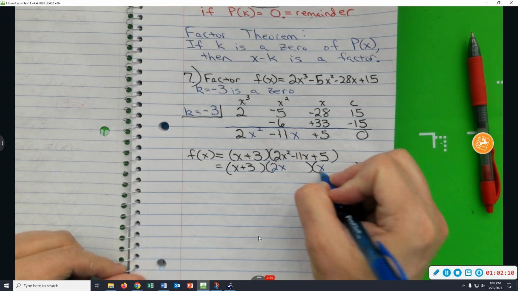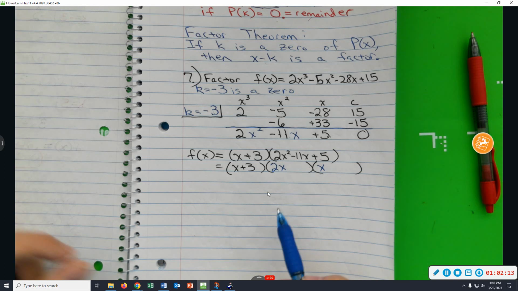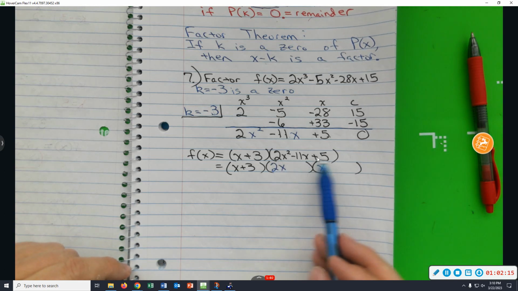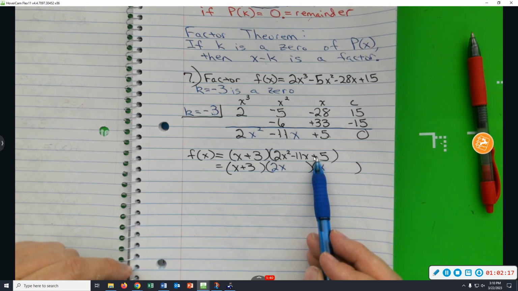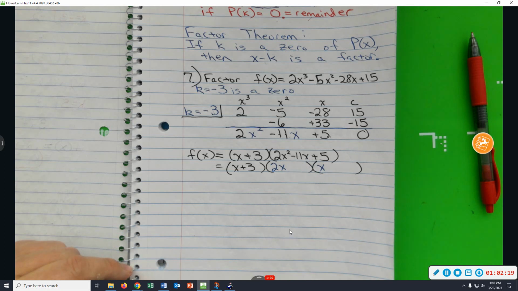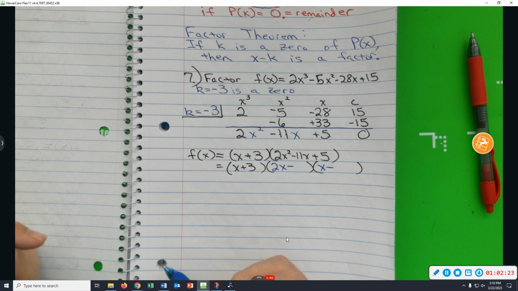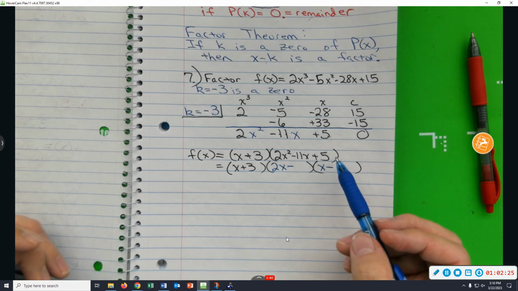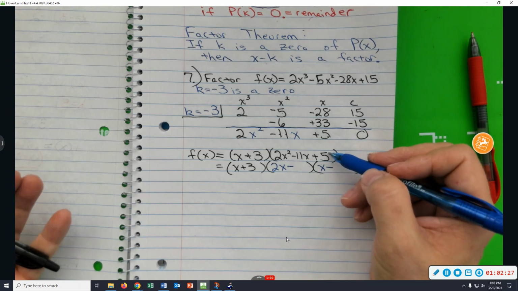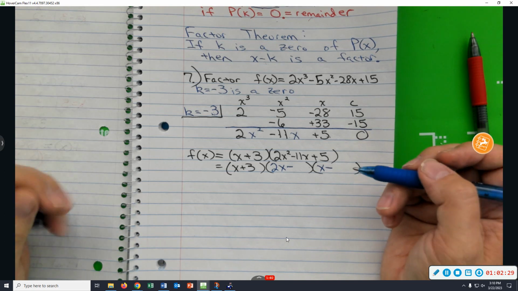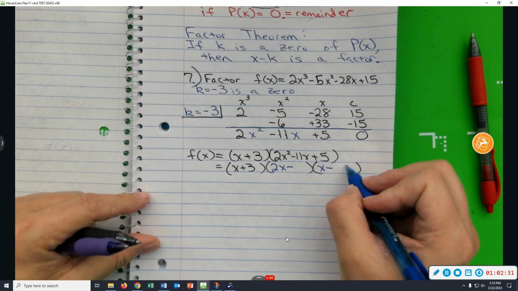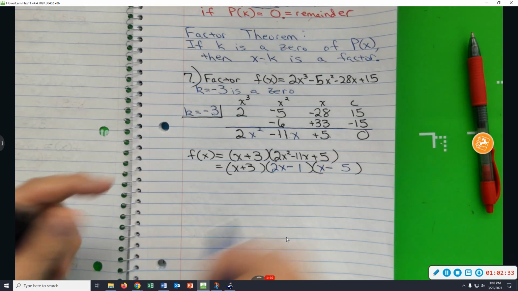What do I know about the signs? The last sign's a plus, so you have 2 of those first signs: a negative and a negative. So where are we going to put the 5? The only possibility for 5 is 1 times 5. Put the 5 there, the 1 there.